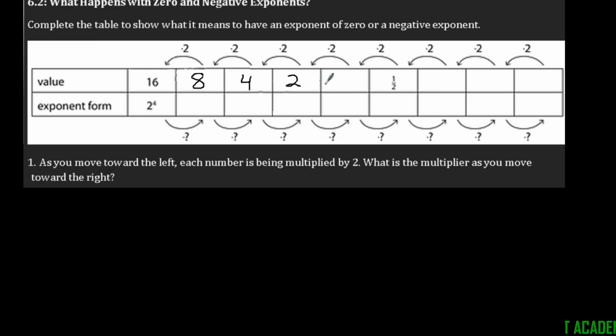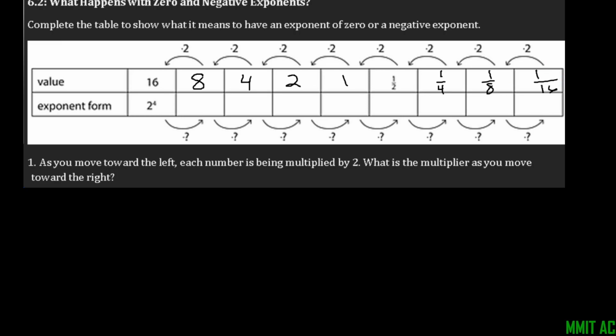It's almost like we're dividing by 2 as we move to the right now. So this is going to be 1, this is going to be 1/2, this is 1/4, this is 1/8, and this is 1/16.